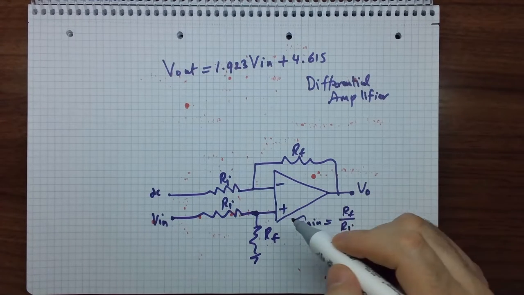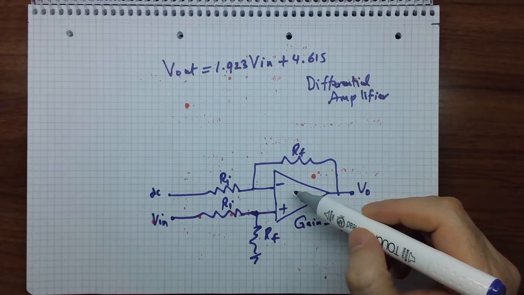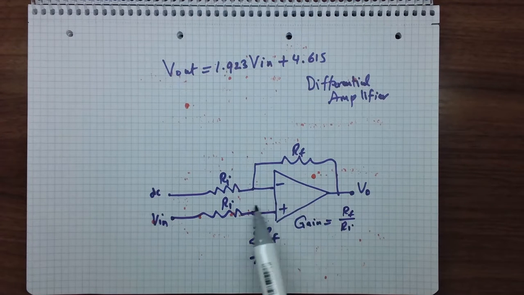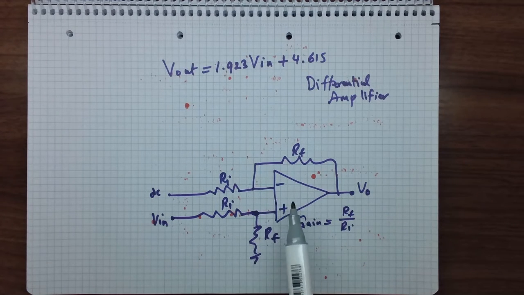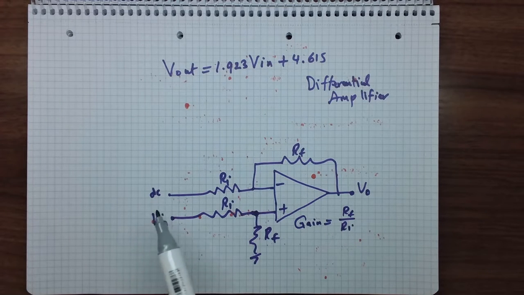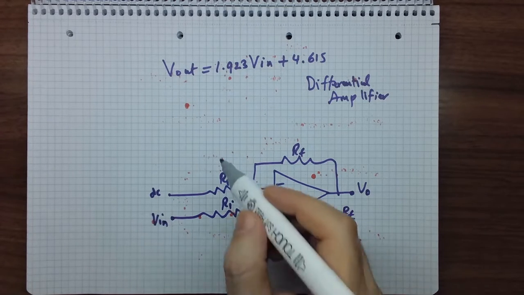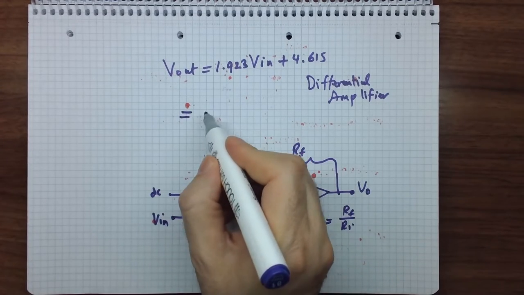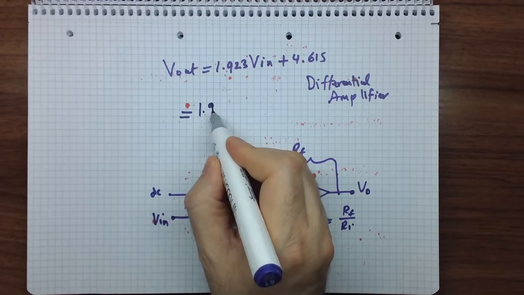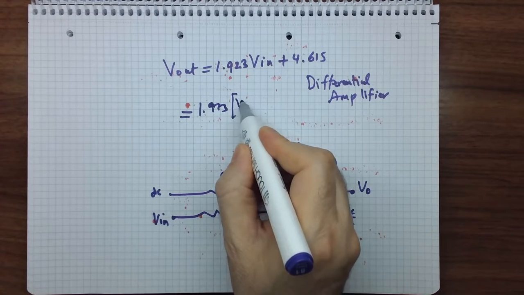So let's first have the gain. You have to notice that the gain of this amplifier is a common gain for both inputs, for Vn and for DC. And because of this, we need to have a common factor here. We can say this is 1.923 Vn.